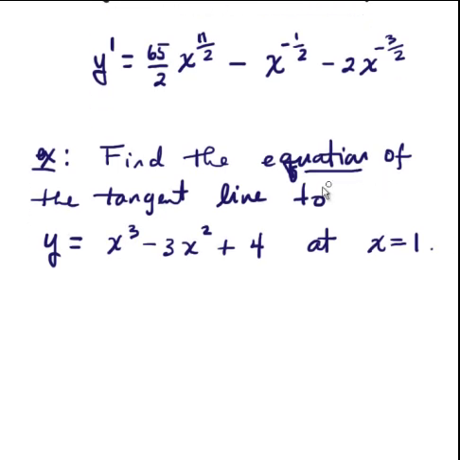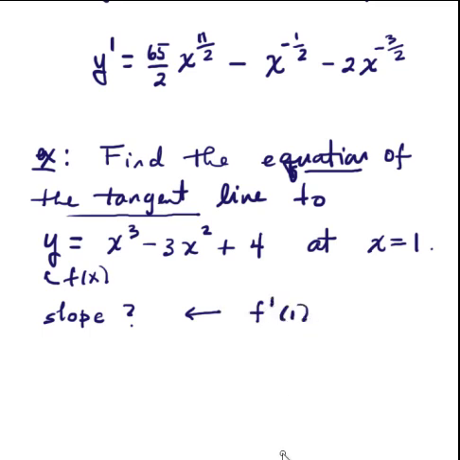So for the equation of the tangent line, the first thing we have to find is the slope. Let's say we call this f of x. Just the function notation will be useful here. The slope will be the derivative at 1.